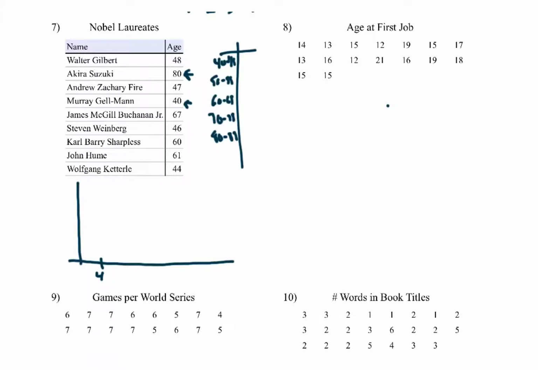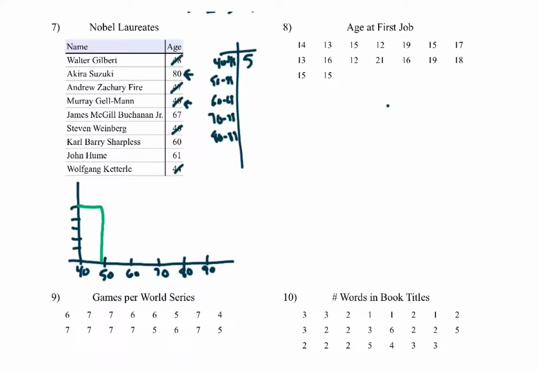So I'd start here and go 40, 50, 60, 70, 80, 90. From 40 to 49 we have 1, 2, 3, 4, 5. So going up to 5, from 40 to 50, I'm going to go right before we get to 50.